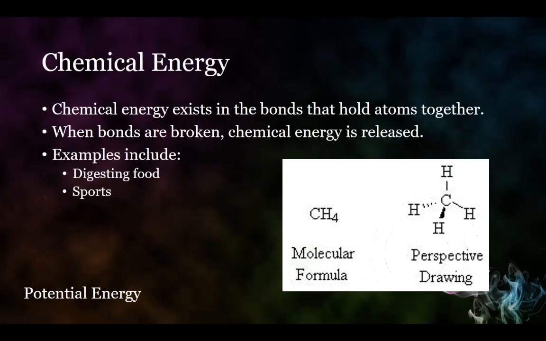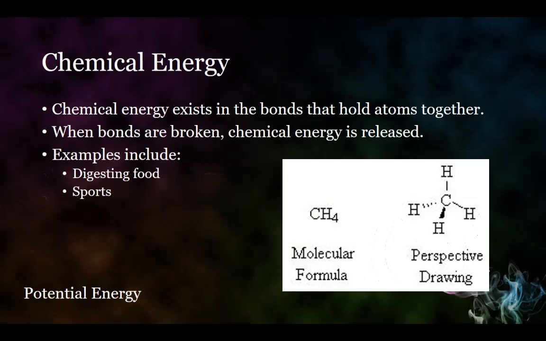Then we get to what we would traditionally call chemical energy. So, this is that energy in the bonds that we talked about in your biology classes. When you digest your food, you are using the energy from that food in the form of breaking its bonds. Okay.